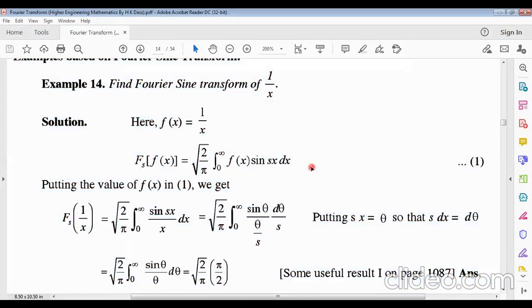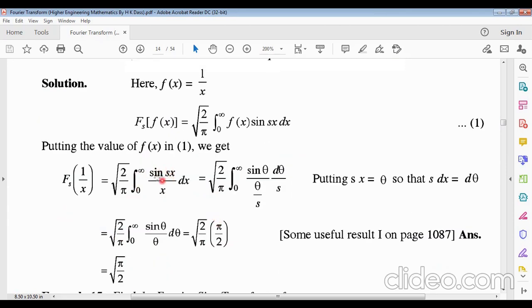Using formula 1 and putting 1 by x in place of f of x, the Fourier sine transform of 1 by x equals root over 2 by pi, integral 0 to infinity sine sx divided by x dx. This is the main integral, an improper integral because the upper limit is undefined.